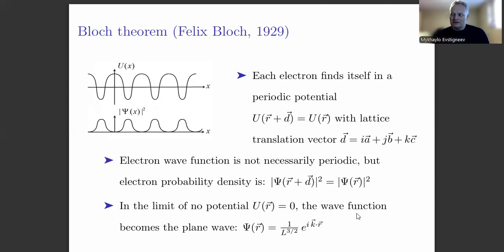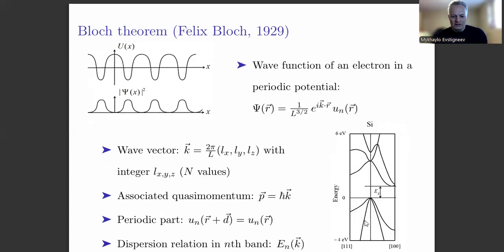It is reasonable to expect that the plane wave solution will transform somehow, but it will not completely lose its plane wave character. So this wave vector k will still remain the quantum number that characterizes this solution. But in addition, a new quantum number will appear. The amplitude of the plane wave will become modulated, and the new quantum number, which I call n, will appear.